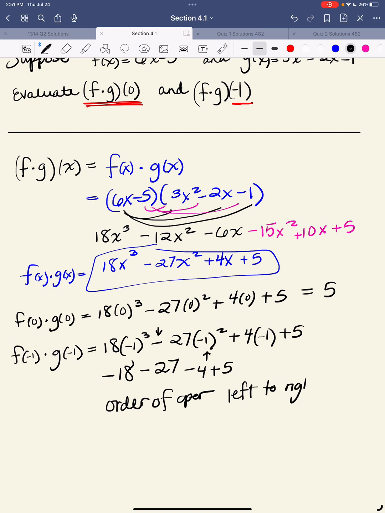So what do we get? -18 minus 27 is going to give me a negative 45 minus 4 plus 5. So this is minus 49 plus 5, and this will be minus 44. So that is our f of -1 times g of -1.